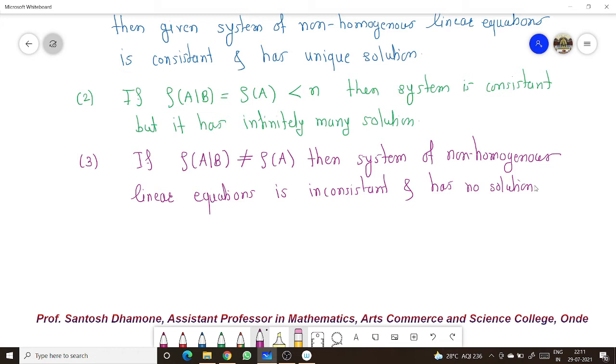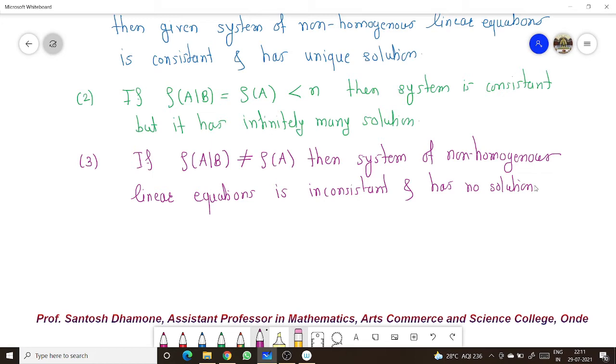Okay, this is a problem. In this problem, they ask for what values of lambda the equations x + y + z = 1, x + 2y + 4z = lambda, x + 4y + 10z = lambda square have a solution, and solve completely in each case.